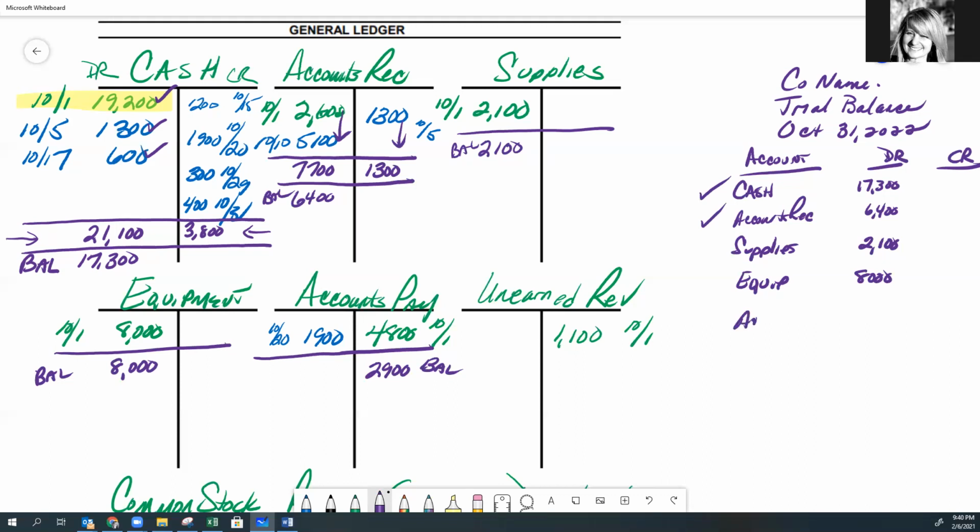So we're going to write down our accounts payable. And this time we're going to move it over to the credit column because it has a credit balance. Our unearned revenue, we had no transactions there. So the balance is a credit balance of $1,100.